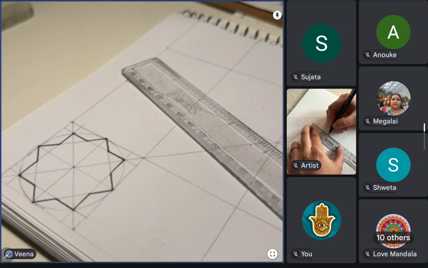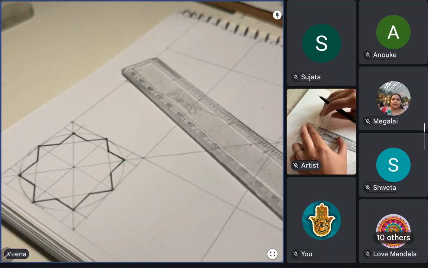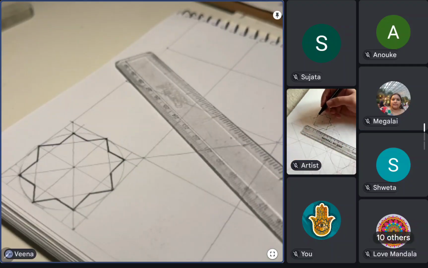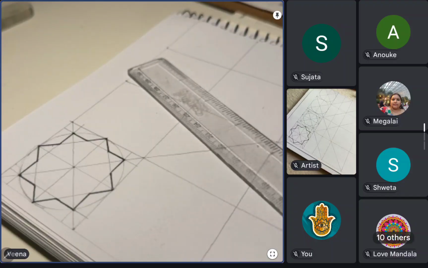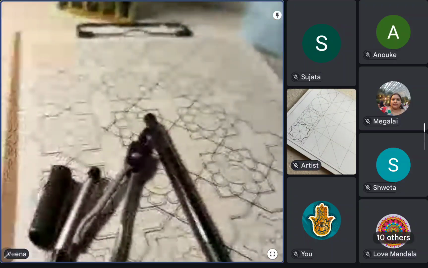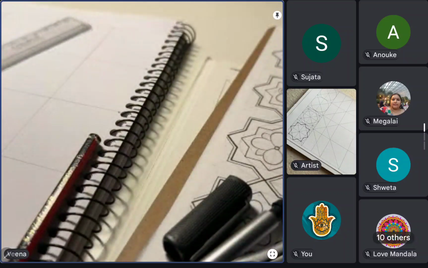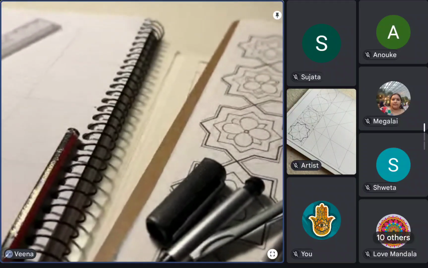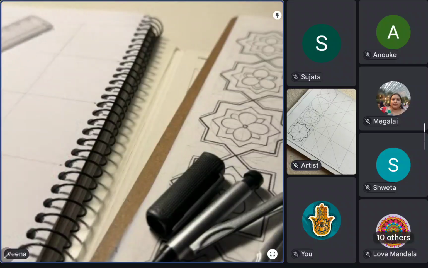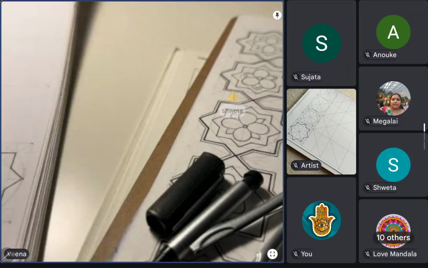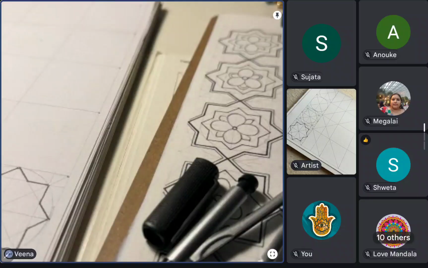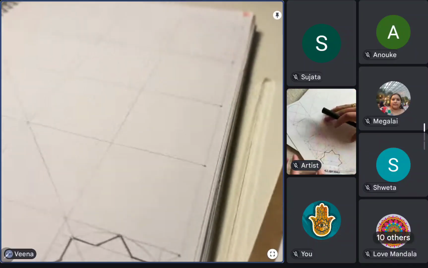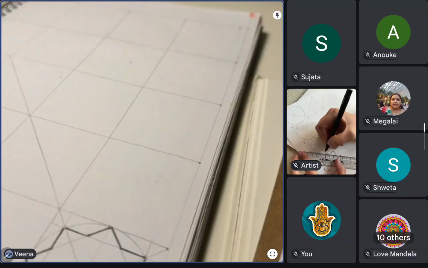Is everyone okay until here? Just try to change the angle if it helps.